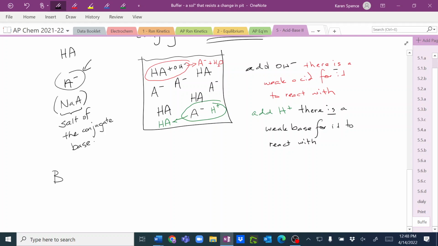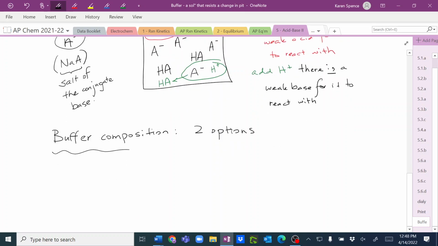A buffer. Buffer composition. Two options. One, a weak acid and the salt of its conjugate base.